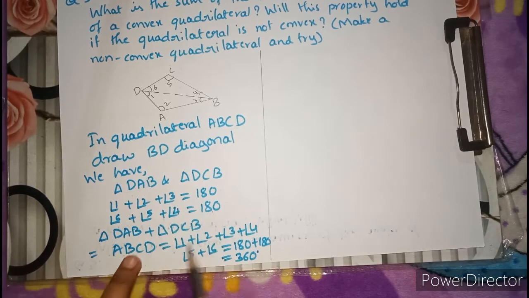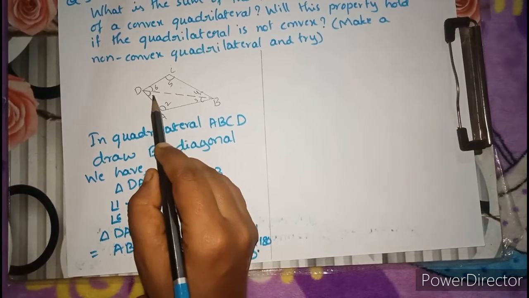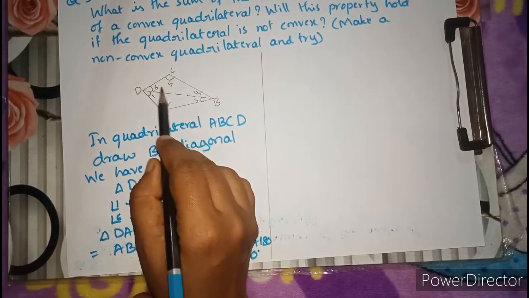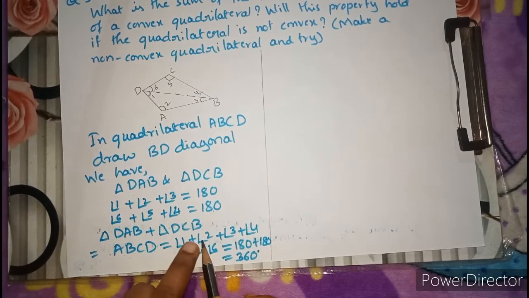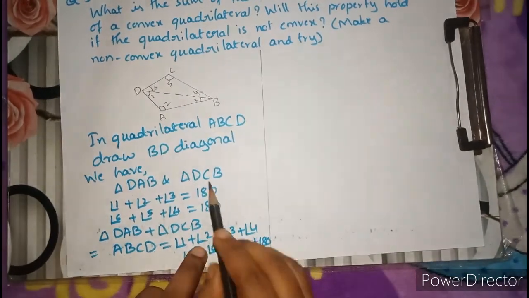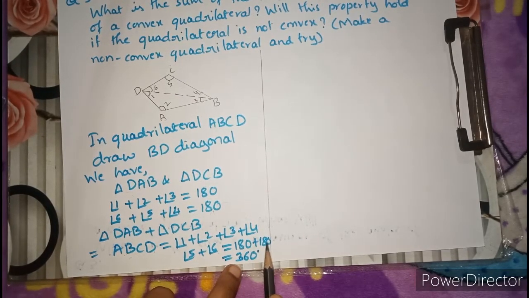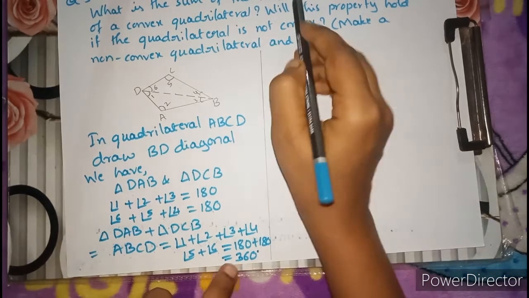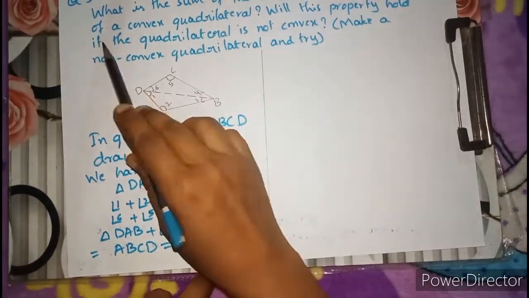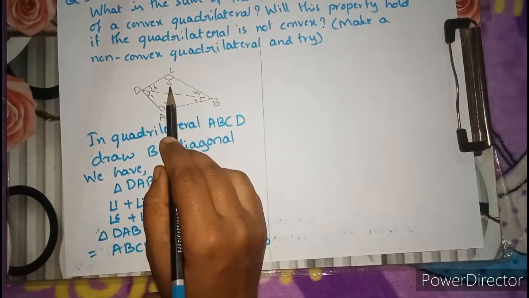Both are 180 degrees. So the sum of angles of quadrilateral ABCD is angle 1 plus angle 2 plus angle 3 plus angle 4 plus angle 5 plus angle 6, which means 180 plus 180, which is 360. Therefore, the sum of the measures of the angles of a convex quadrilateral is 360. This is the property of a convex quadrilateral.